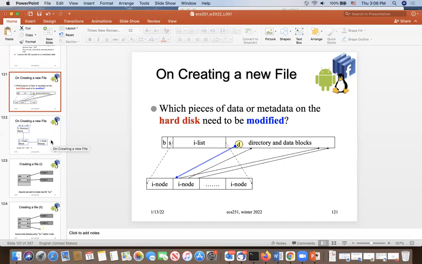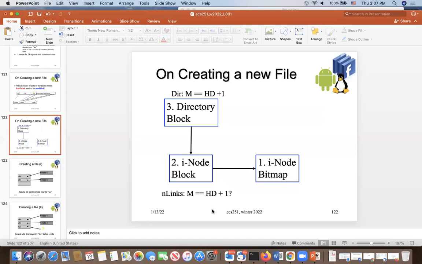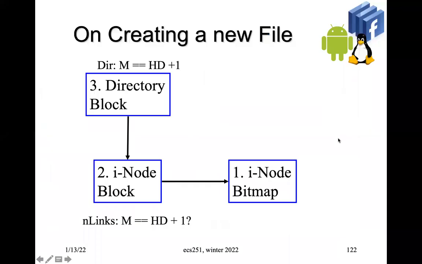And now I'm going to ask you the same thing. What is the order of the blocks you need to write back to the hard disk? It's always the same situation. Because it's so similar but exactly opposite, I'm just going to show you the answer directly.